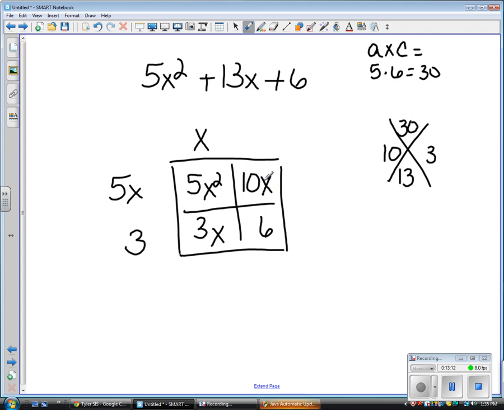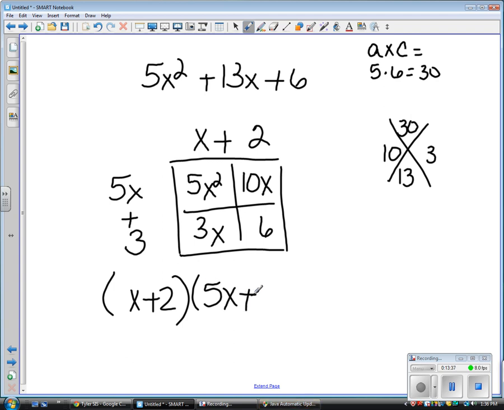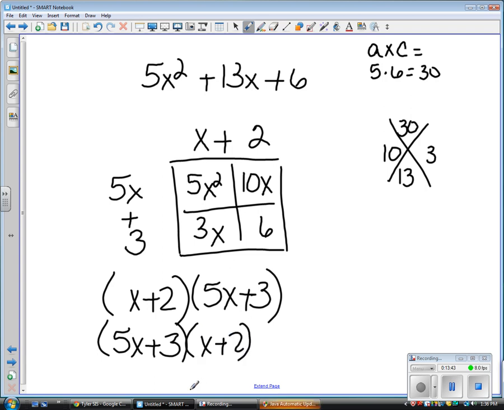And what's in common? 2. Just 2. Alright, was this positive or negative? Positive, so both of these are positive. Is this positive or negative? Positive. So what's my two terms? x plus 2 and 5x plus 3. I could have also had 5x plus 3 times x plus 2. I could have had that as well.